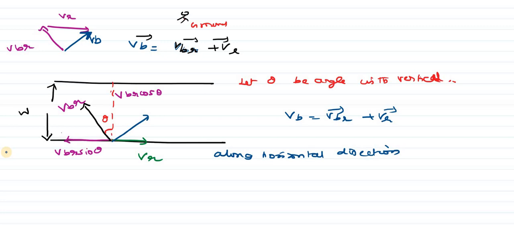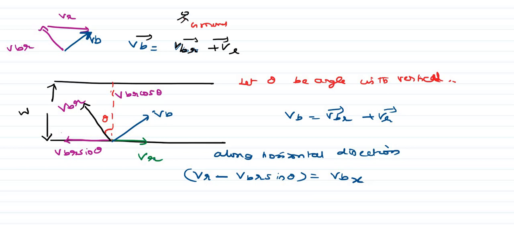If VR is greater, because VBR sin theta is in the opposite direction, then VR is greater than VBR sin theta. So the velocity of boat along the x-axis is VR minus VBR sin theta.